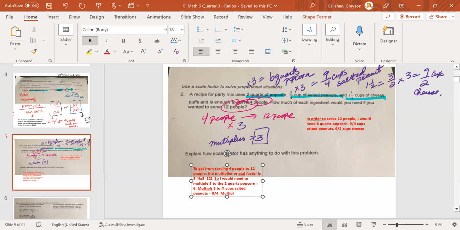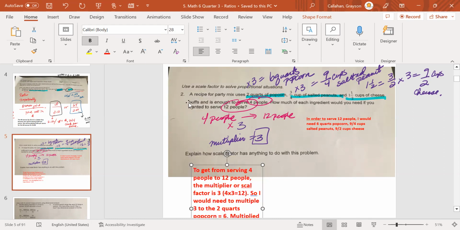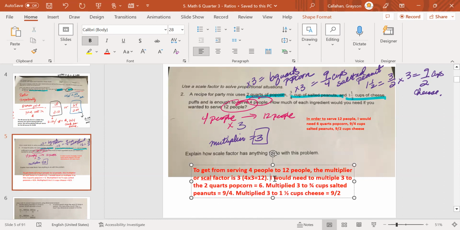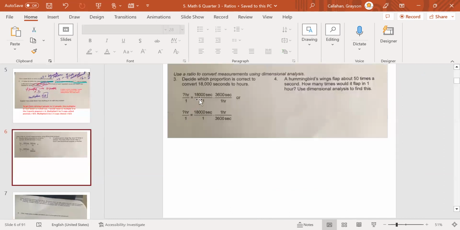And multiply 3 to the 1 and 1/2 cups of cheese, which then got you 9/2. Okay, so something to that effect will be sufficient. Does that make sense? Okay, next one.